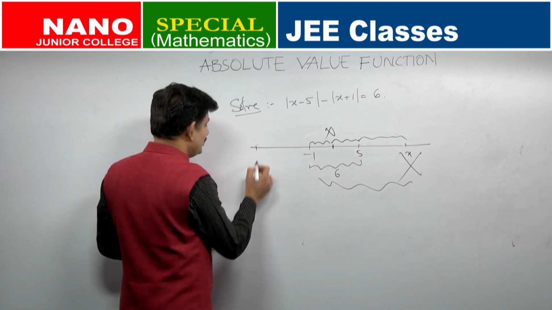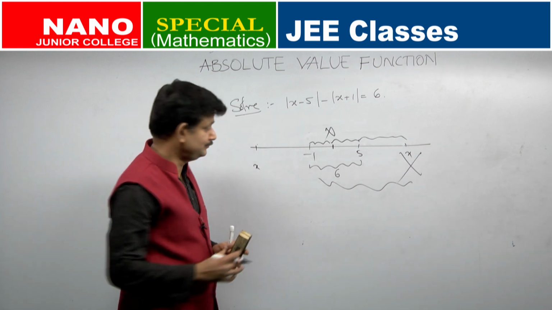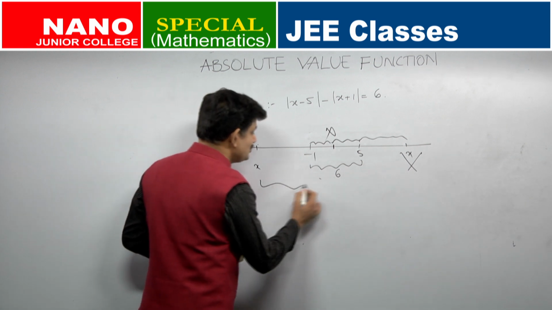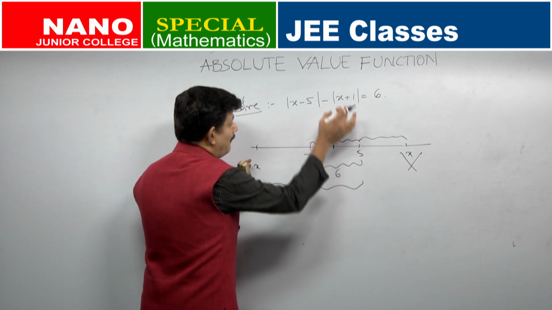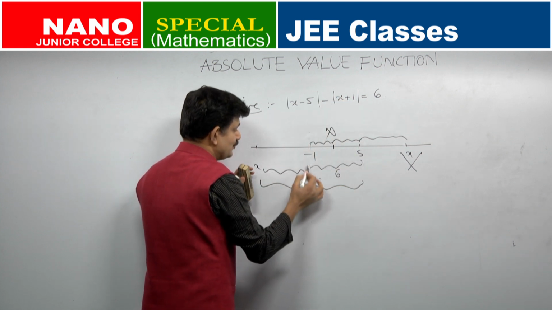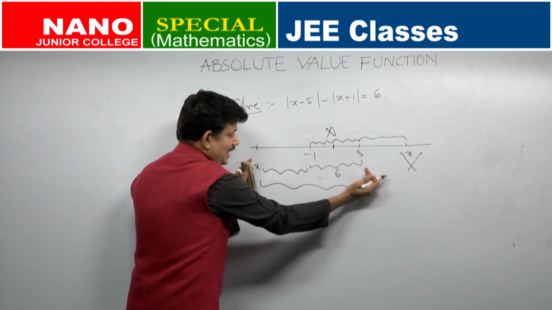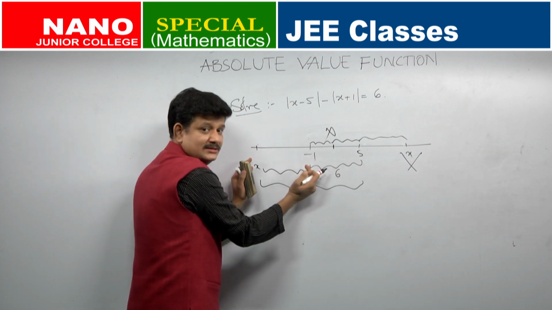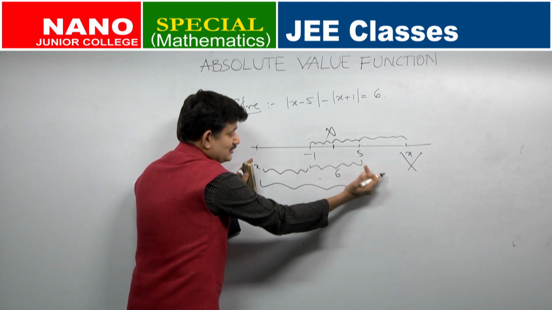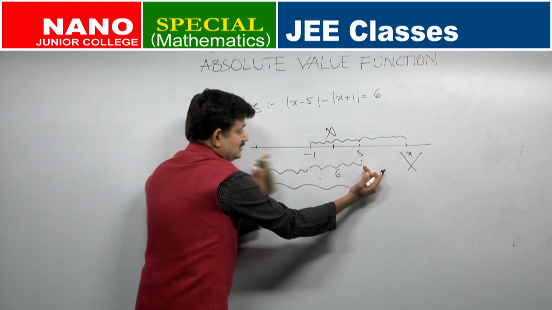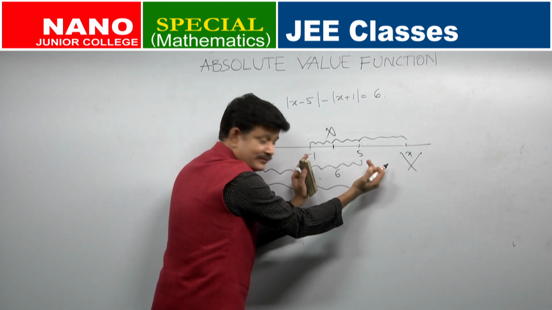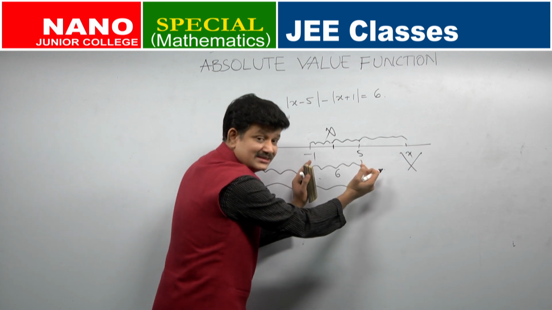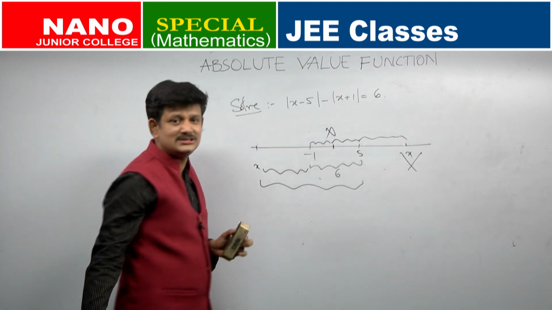Let me take some number here. What I want is the distance from 5, this distance, minus the distance from minus 1. From this distance I have to subtract this distance. Remove this distance. What will I be left with? This particular one. How much is it? 6. How much do I want it to be? 6.